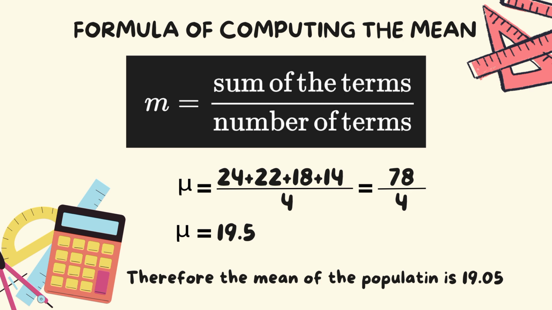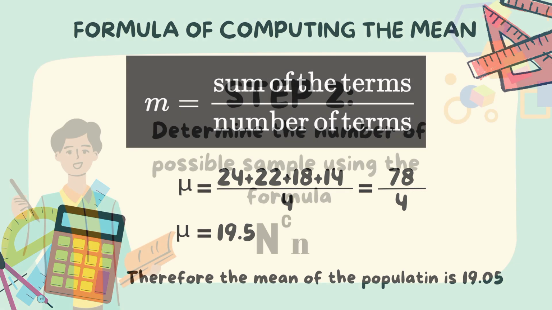The summation of our population is 78 over 4, and 78 divided by 4 is equal to 39 over 2 or 19.5. Therefore, the mean of our population is 19.5.